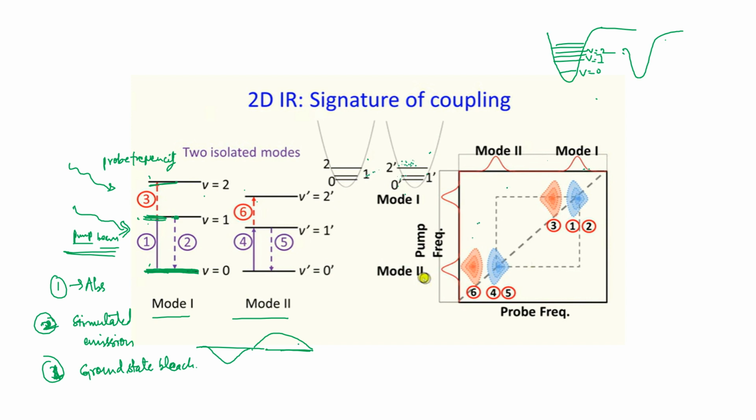In case of 1 and 2, you get a negative peak. In case of 4 and 5, you get a negative peak.